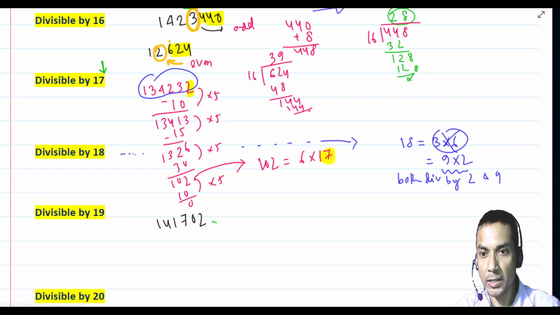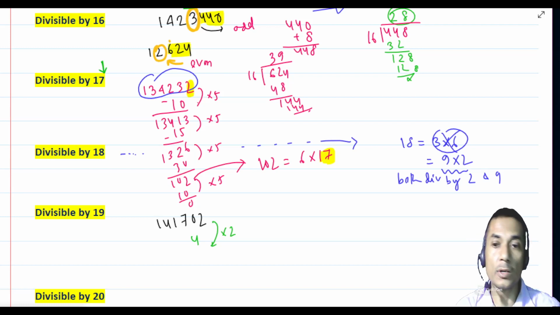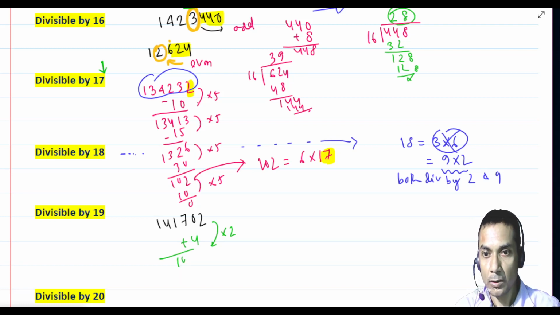Already I told you it follows the 7 rule, but one thing has changed: here for 7 we deduct, but for 19 we add. So the last digit 2 times 2 is 4, added to 14170 gives 14174. Clear?